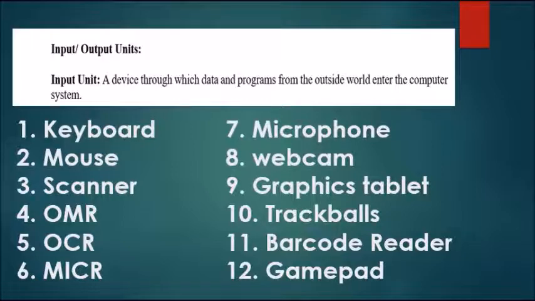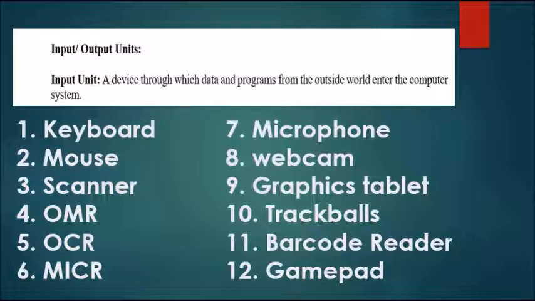OCR stands for optical character recognition and it is an input device which reads printed text and then sends it to the computer. Number 6 is MICR, that is magnetic ink character reader. It is an input device which generally finds application in banks to process checks.